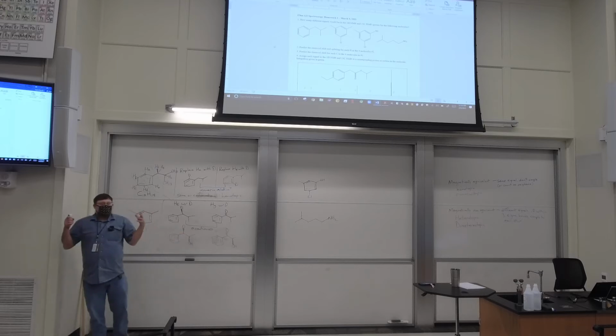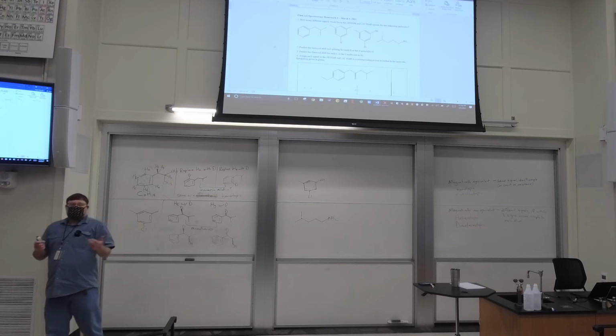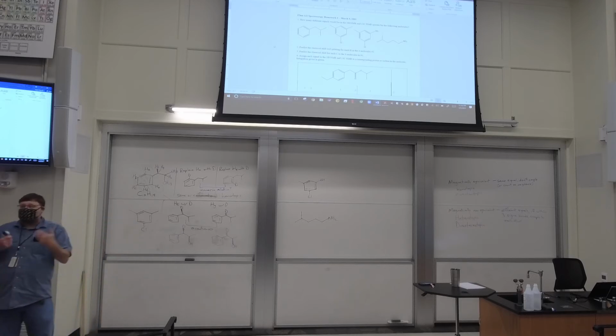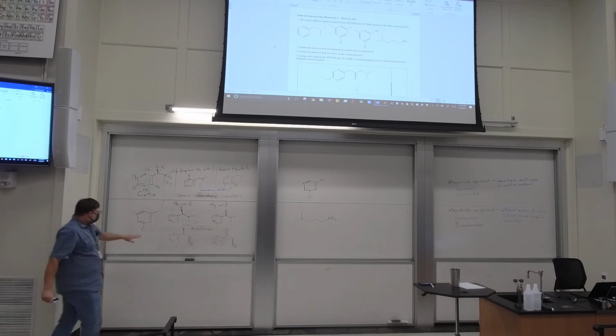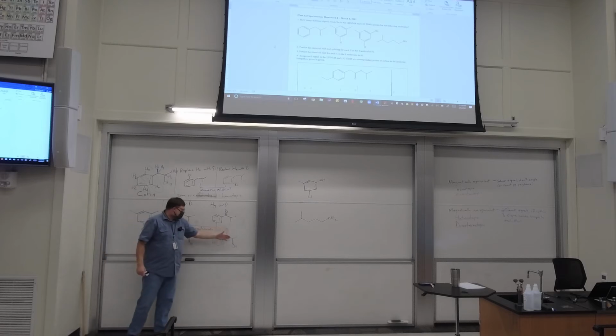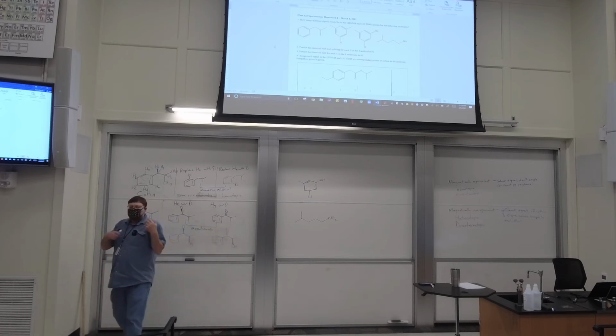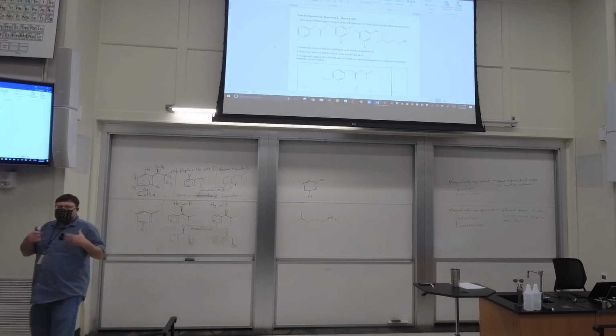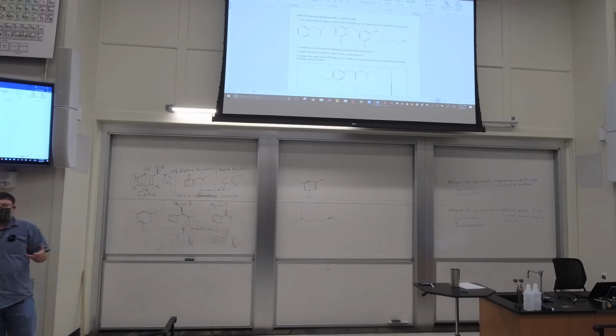That means they're magnetically non-equivalent. That means they give different signals. They can couple to one another. And if you think about that, the proton that's wedged is looking across at an OH. The proton that's dashed is not looking across at an OH. Those 2 hydrogens can never be in exactly the same electronic situation.